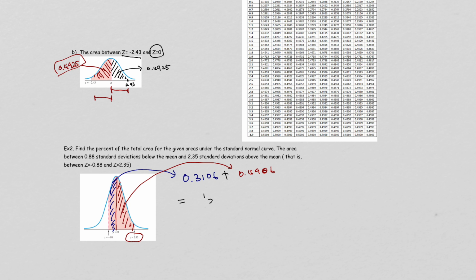So it will be 0.8012, right? That will be the probability of that area.